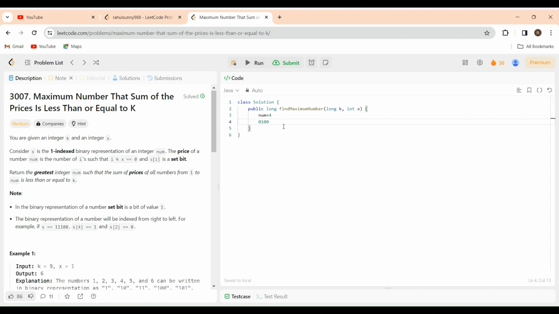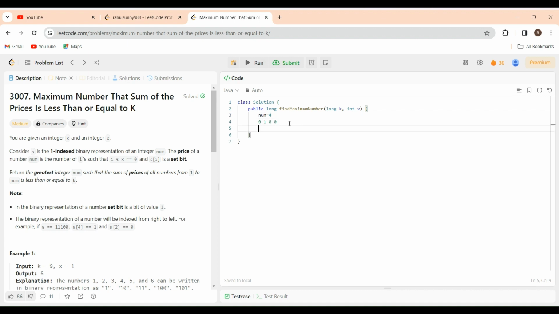The price of a number num is the number of i's such that i % x equals 0, and s[i] is a set bit.